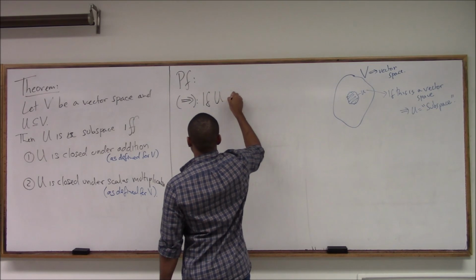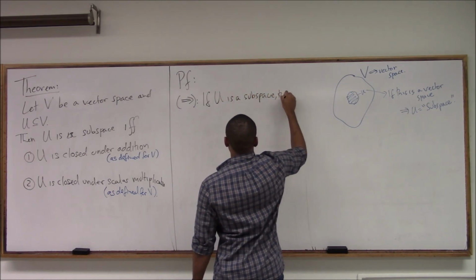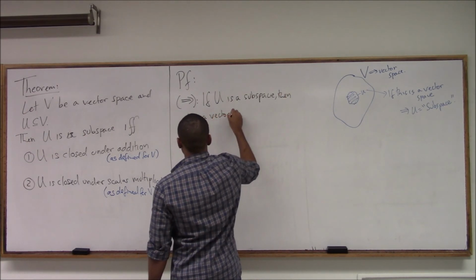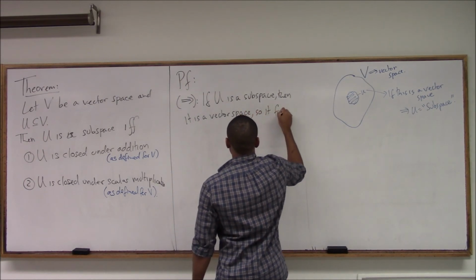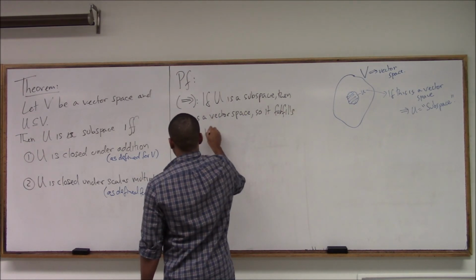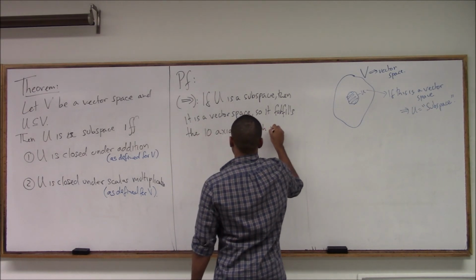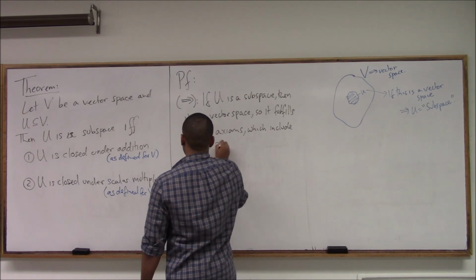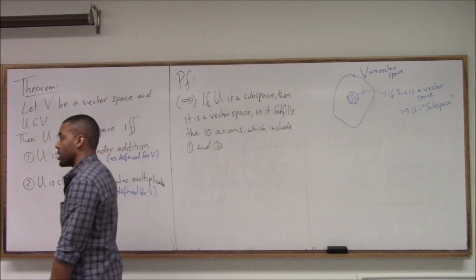If U is a subspace, then it is a vector space, so it fulfills the 10 axioms, which of course include 1 and 2. So if it's a subspace, of course it fulfills those two. Those are part of what makes something a vector space.